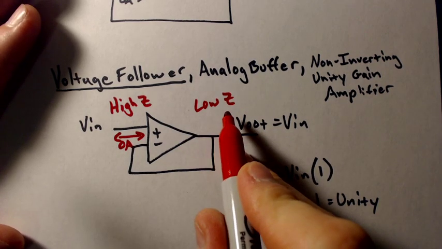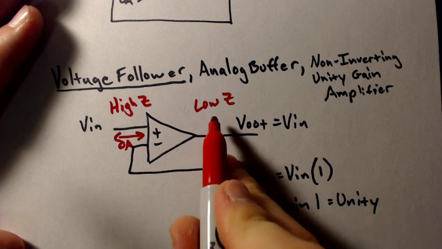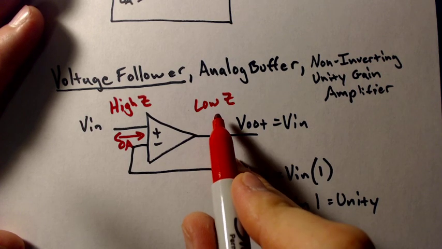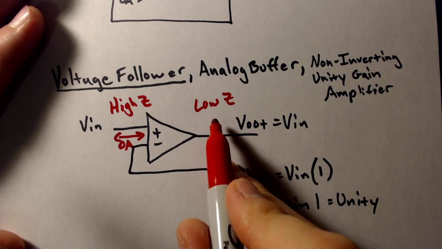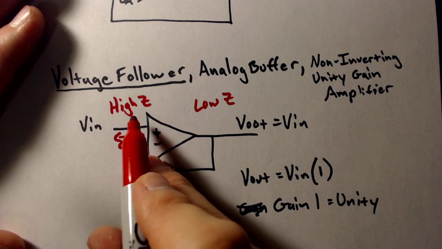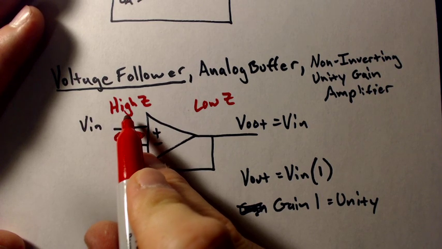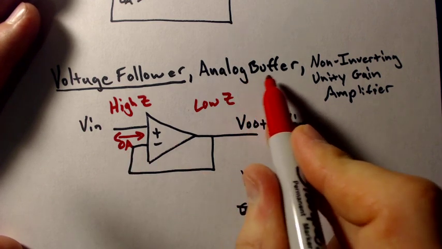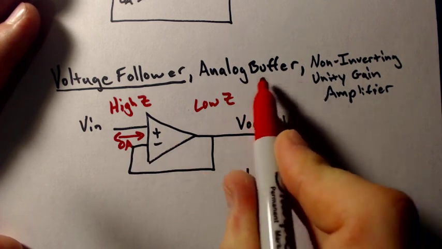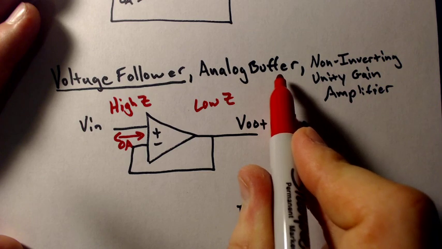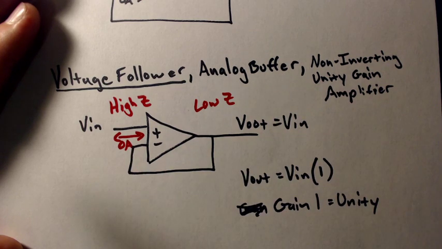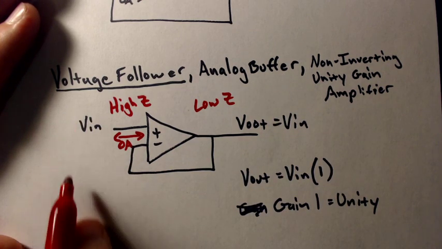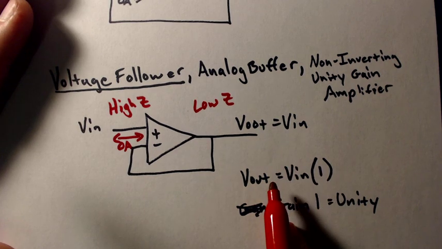Another way of saying it, we have an ability to sink or source a lot of current. High Z, we sink or source little to no current. Okay? So now the buffer thing makes sense. We're buffering the impedances from something here to something over here.